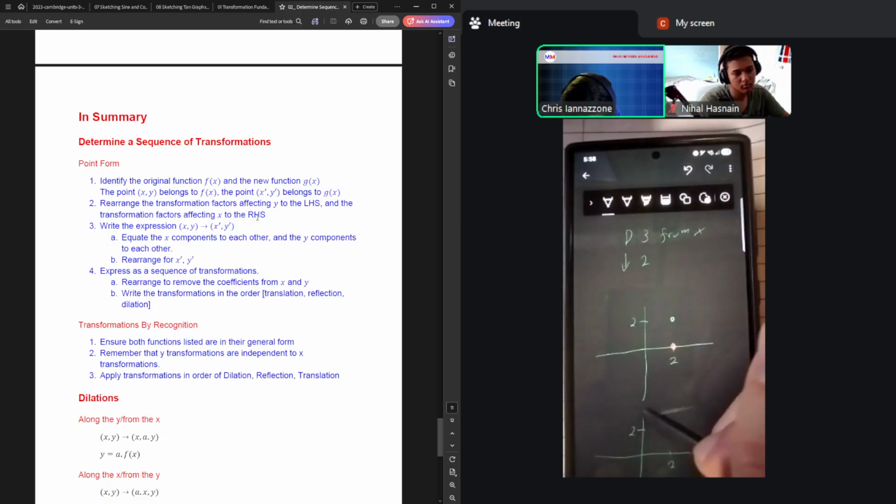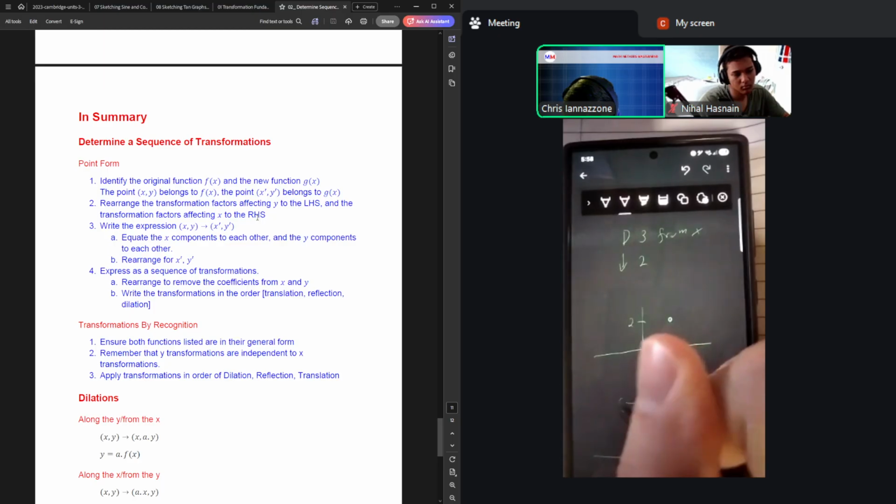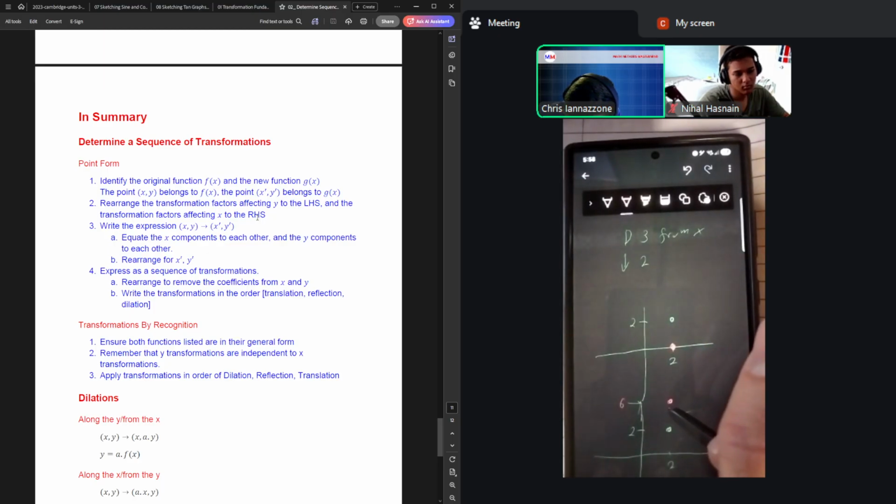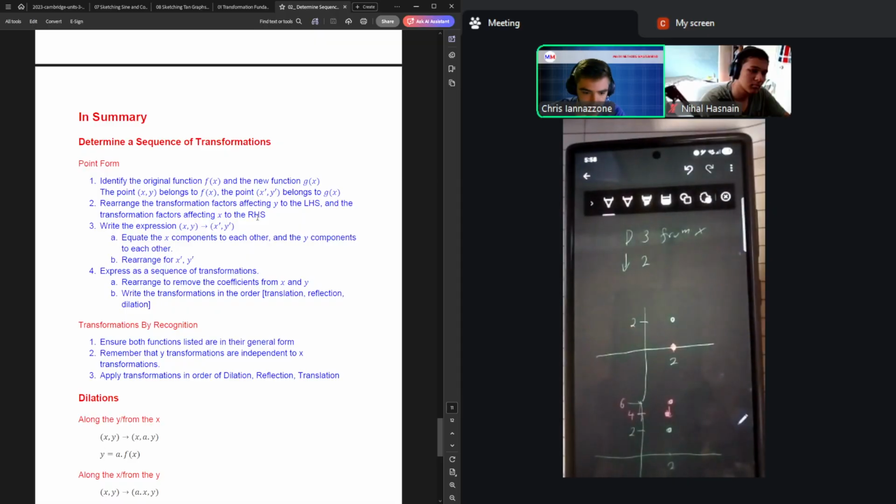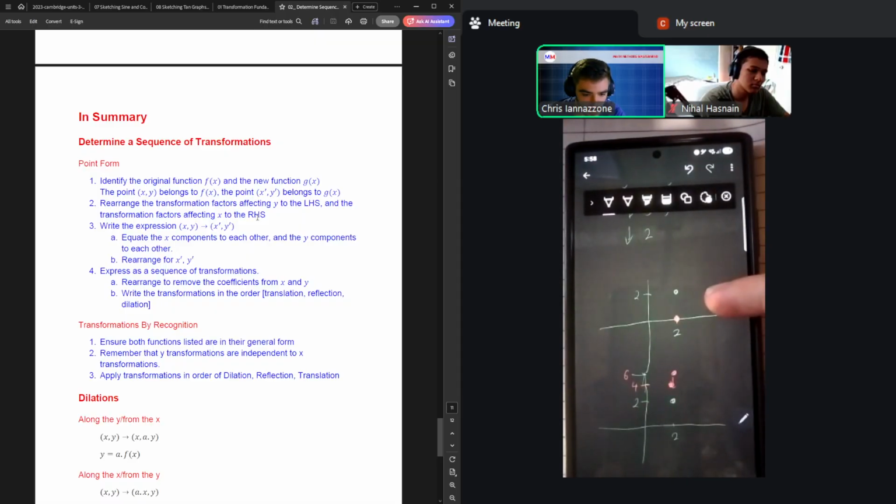Dilate first, we'll shift it all the way up to 3 2s are 6, and then shift it down by 2. It's now going to end up at 6, 4. So the order in which you do these things matters, especially because you're comparing multiplications and subtractions and additions to each other. They impact things in different magnitudes.